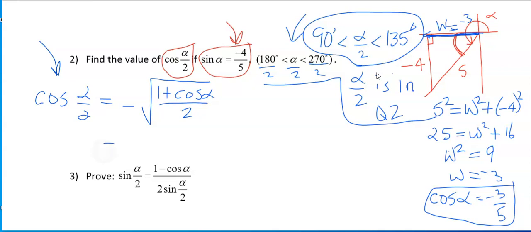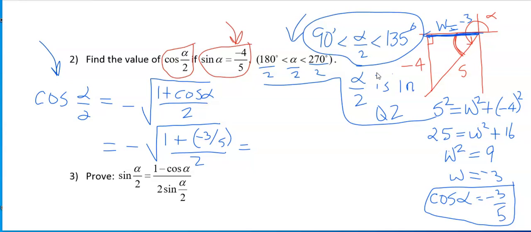So you're going to get negative square root of 1 plus, now, negative 3/5 divided by 2. And now the rest of this question, you'd get most of your marks for doing that. This is worth most of the marks here. The rest of it is just simplifying that under the square root sign a little bit, all right?